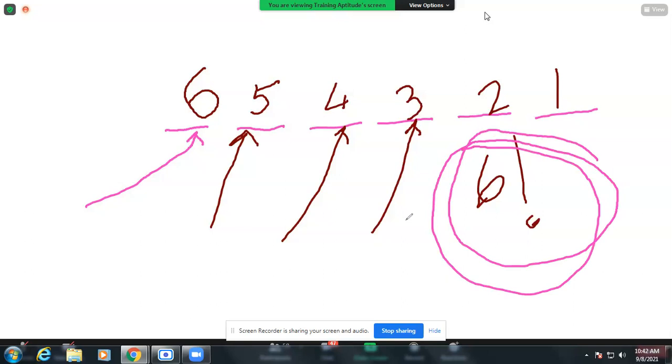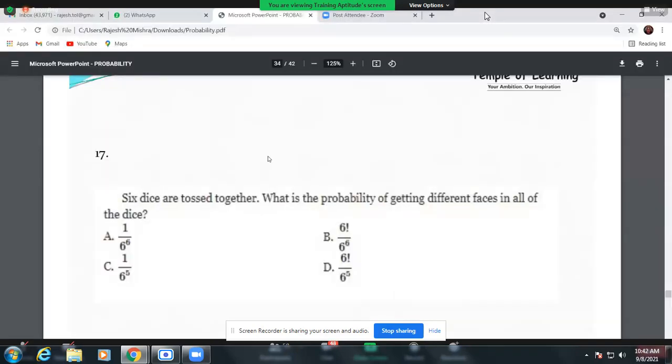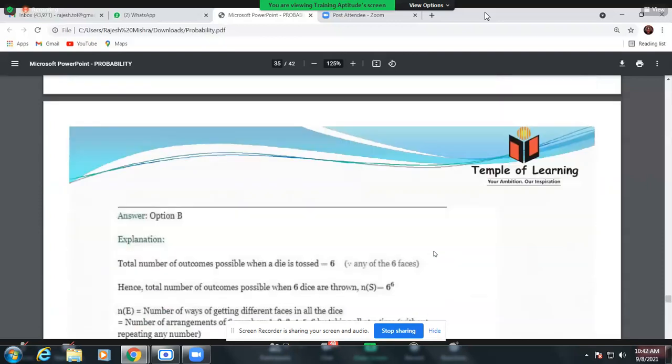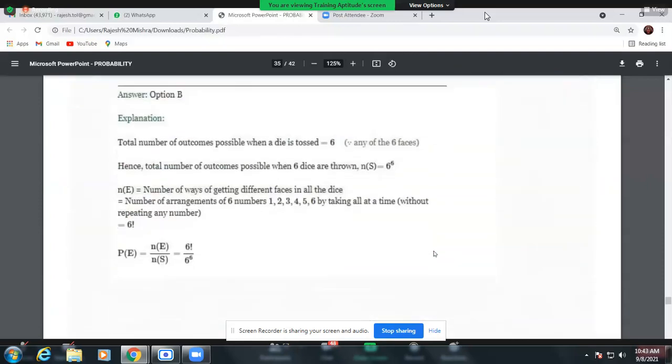Total is 6 to the power 6. So please understand it logically. आप कभी भी गलत नहीं होंगे अगर आप लॉजिक अप्लाई करेंगे। व्योम, बिल्कुल सही है आपका जवाब, मैं इसको इसलिए एक्सप्लेन करना चाह रहा था। तो आंसर क्या होगा मेरा? 6 factorial upon 6 to the power 6.